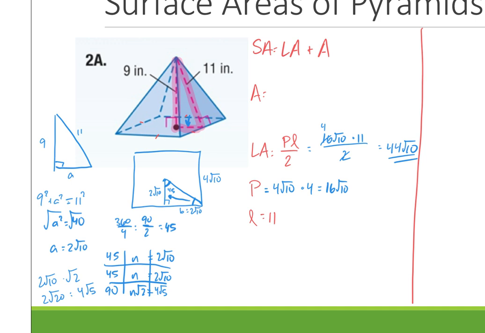So it's a square, so I'm going to do 4 square root 10, all squared, because to find the area of the square, you square the base. The square is going to distribute to both, which means I have 16 times 10, which means 160 is the area of my base. Which means when I come up here, I have 44 square root 10 plus 160 as my surface area.